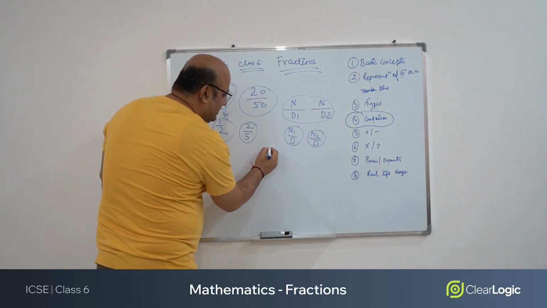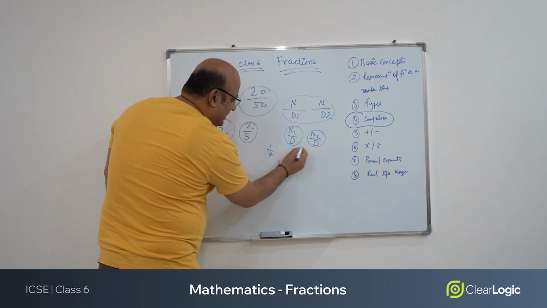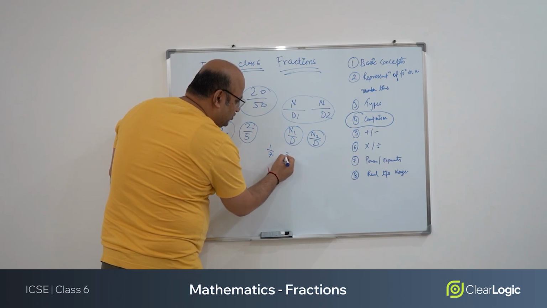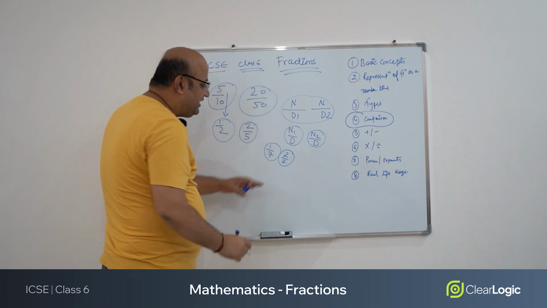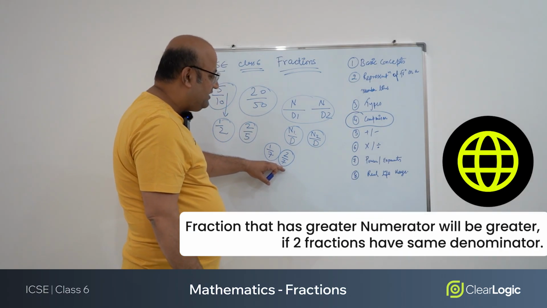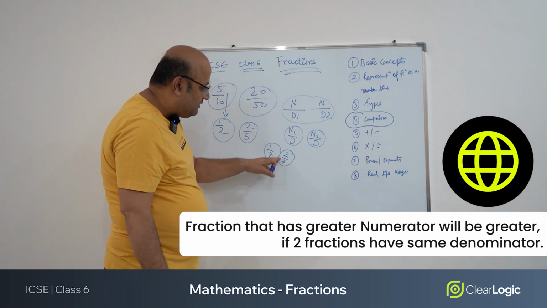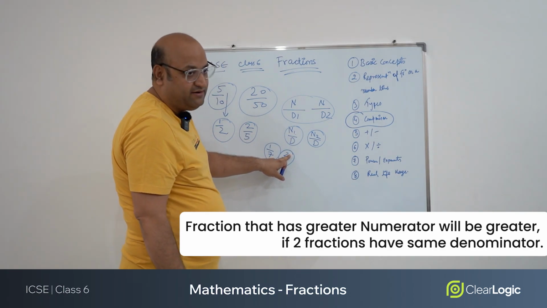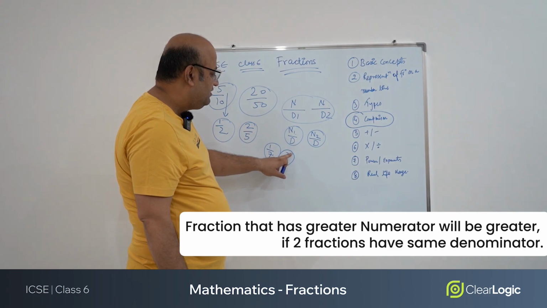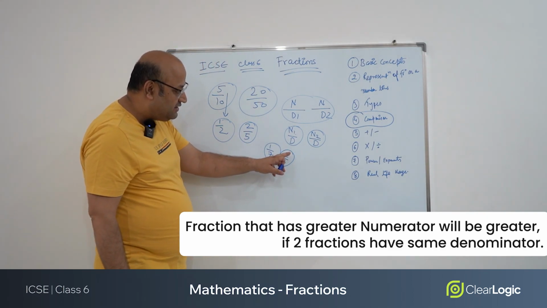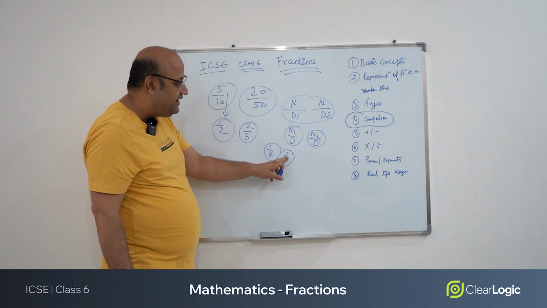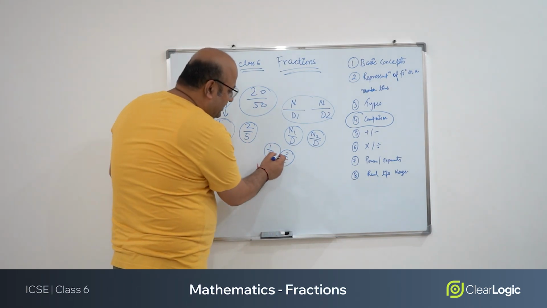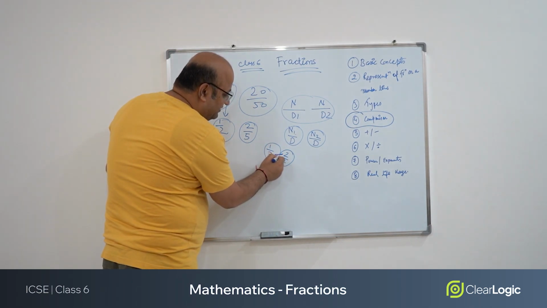In this case, let's say 1 by 7 and 2 by 7. Where the denominator is the same, the fraction which has the greater numerator will be the greater fraction. So in this case, 2 by 7 is greater.